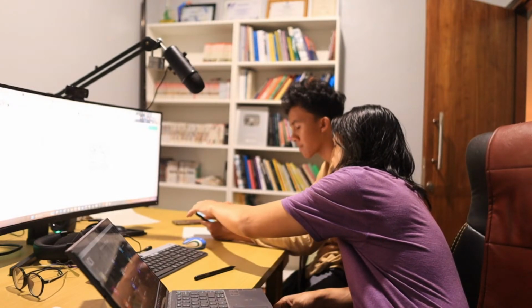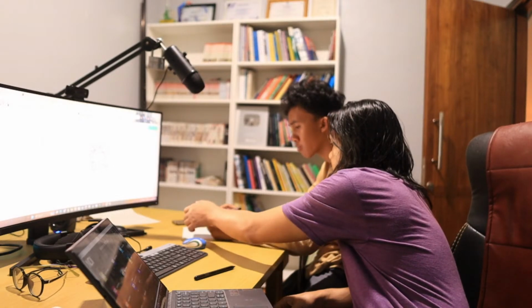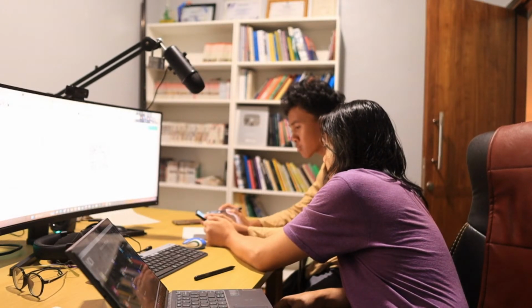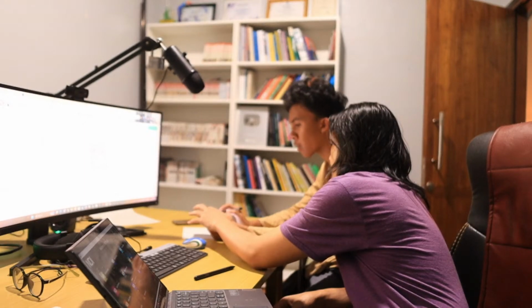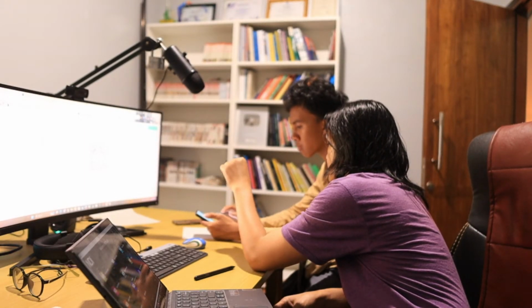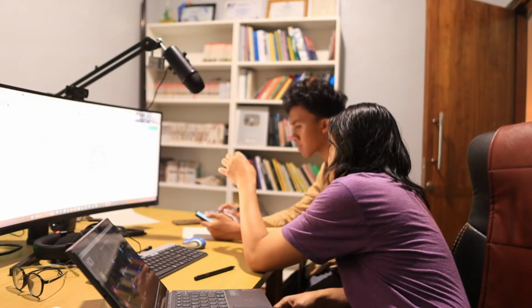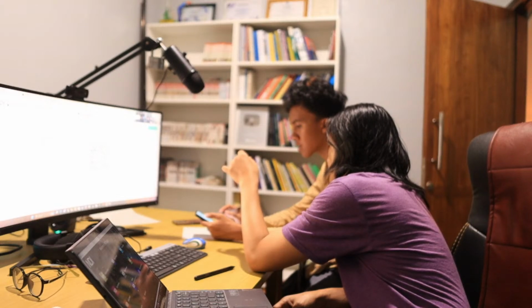So FB sama dengan FH. Really? Yeah. Because FB is tangent to the circle, FH is also tangent to the circle. So the distance from any point to a tangent point on the circle will be the same. So you take a garis to the middle of the circle, I assume.